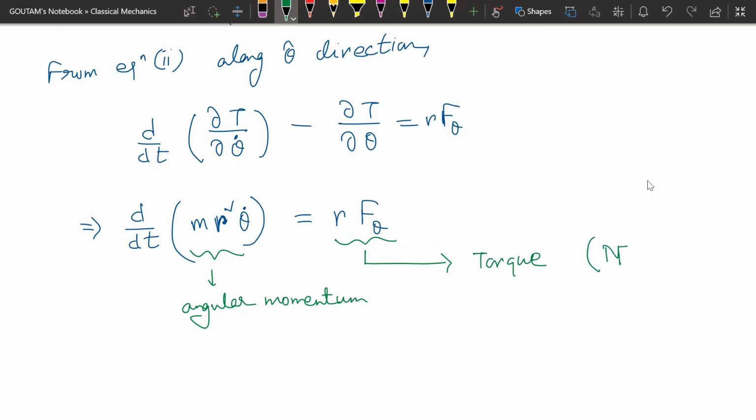So we write torque by N, and we write angular momentum by curly L, because L is also used for the Lagrangian, so let's not confuse it with the Lagrangian.